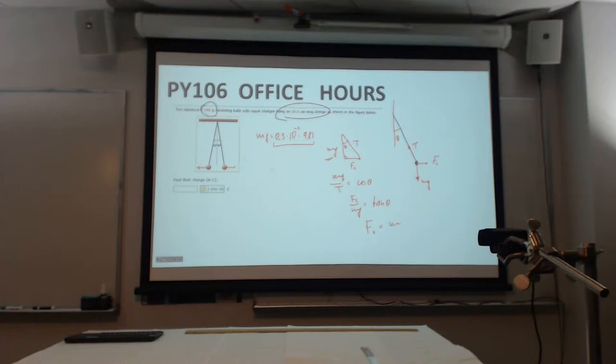Mm-hmm. mg tangent. Everybody has the same angle, so 0.3 times 10 to the negative 3rd, times 9.81, tangent of 10.